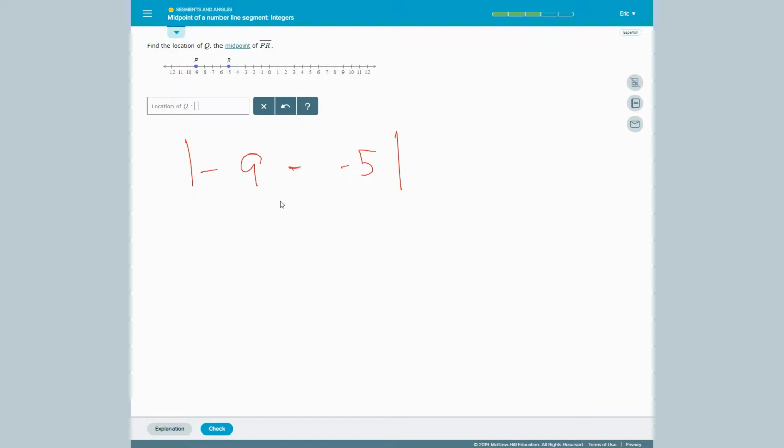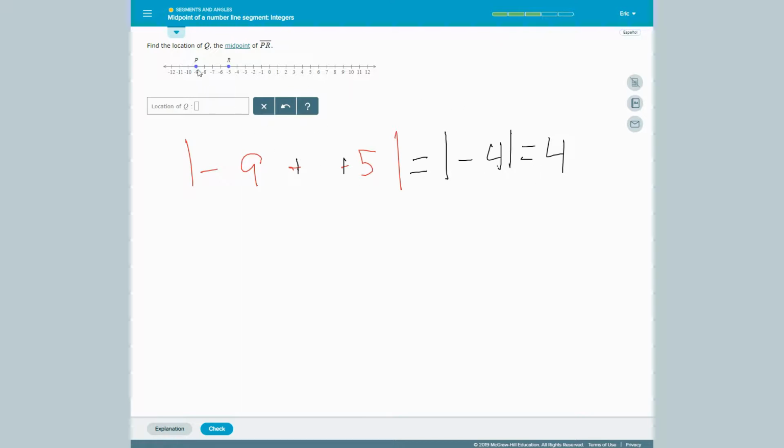So basically speaking, whatever this is, we're going to make it positive. So the -9 minus -5 becomes plus. So that's -9 plus 5, which is -4. And remember, absolute value makes whatever that is positive. So the distance between P and R is 4.